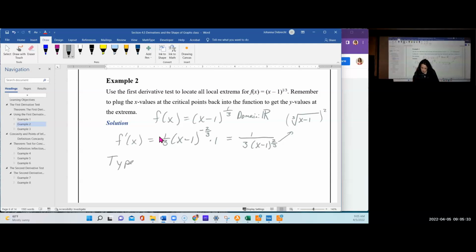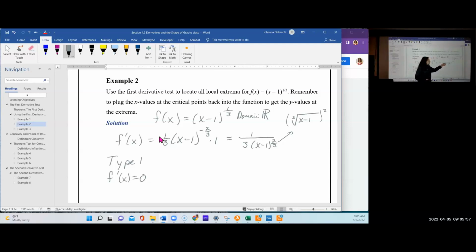So our type 1 is when the first derivative is equal to 0. Now, unfortunately, when we put it in this form, it's very easy to see that because the numerator is a 1, it's never going to be equal to 0. You can't set 1 equal to 0 and expect to get anything. It's not true.